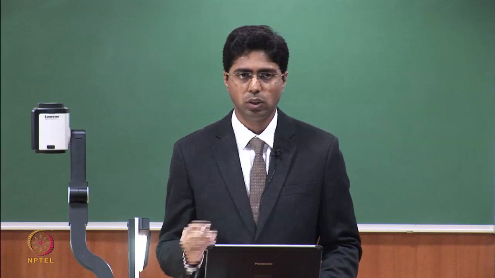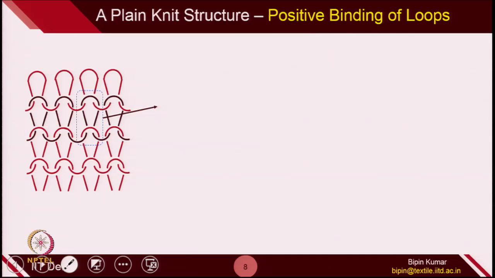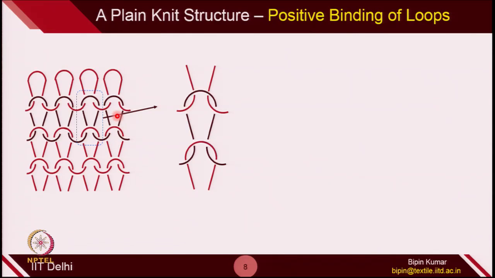Now, let us try to understand a knit structure, what is actually happening inside a knit structure. Let us see a basic weft knit structure, which is the most simple one. If you try to enlarge it, especially the black one, it is surrounded by 4 types of loops: 1, 2, bottom and top.